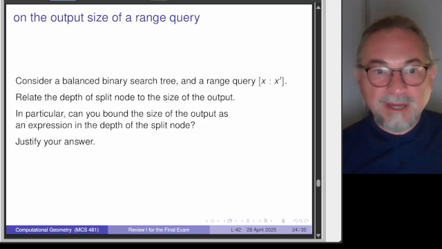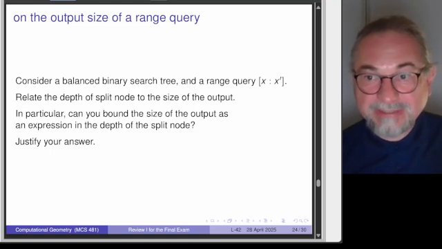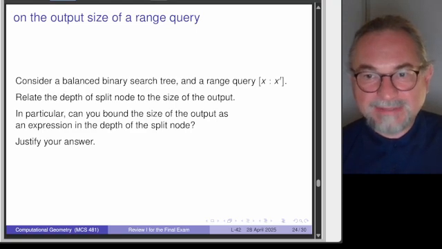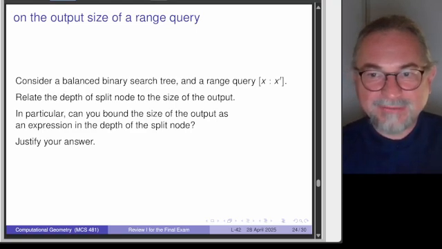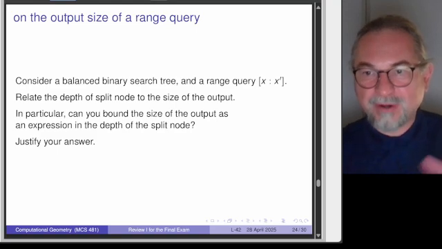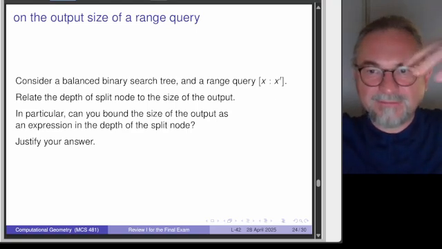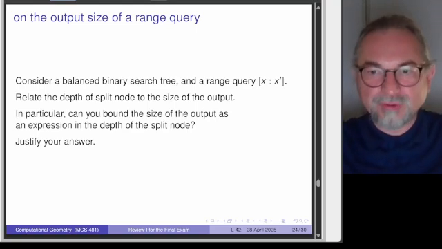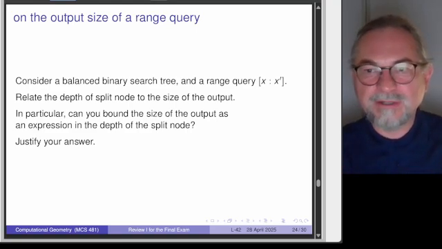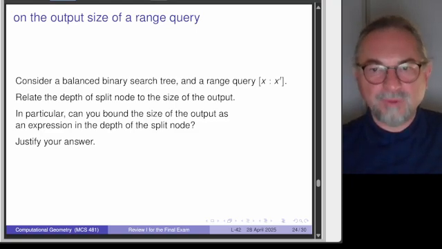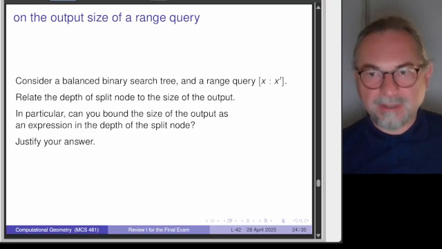Okay, now the question is, can you actually predict this by the depth of the split node? By depth, I'm referring to the tree that I've shown on the previous slide, which was like a biological tree. The root is at the bottom and the leaves are on the top. But most trees in computer science are actually more like the roots of a tree. The root is actually on top, and then we have nodes that are deeper and deeper.